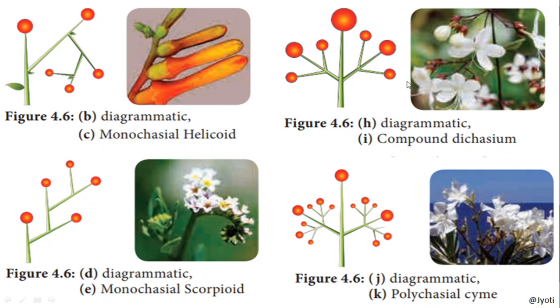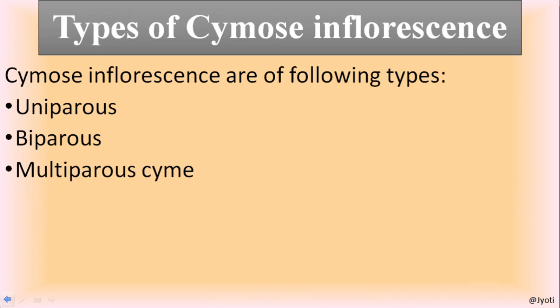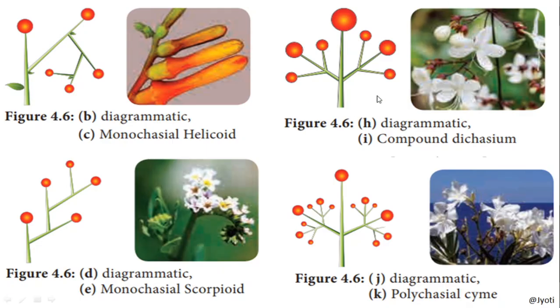Then next is the other type of inflorescence, that is biparous. In uniparous we have seen that only one branch at a time is developed, either on the left side or right side, or on both sides alternately.